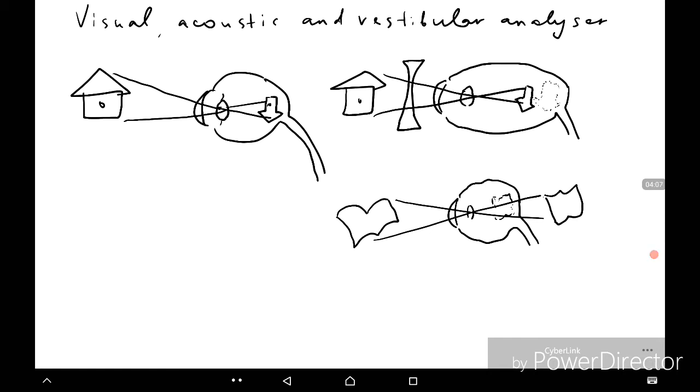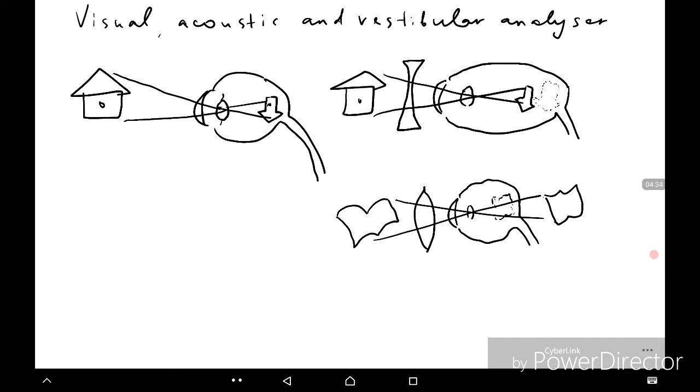To improve the vision in such a situation, to read or to see close objects, a biconvex lens is used that decreases the focus distance and produces a good image on the retina of such an eye.